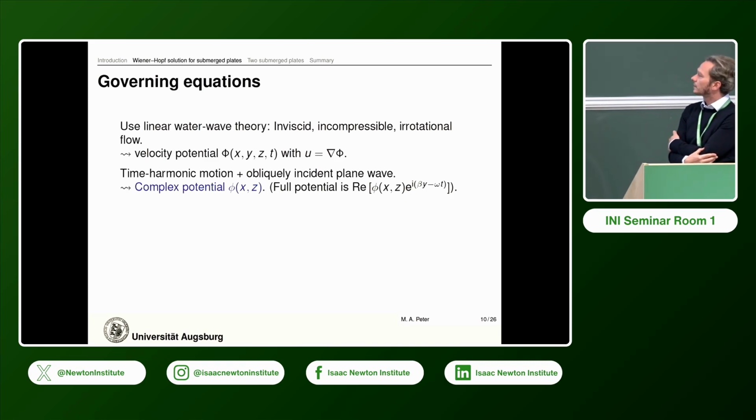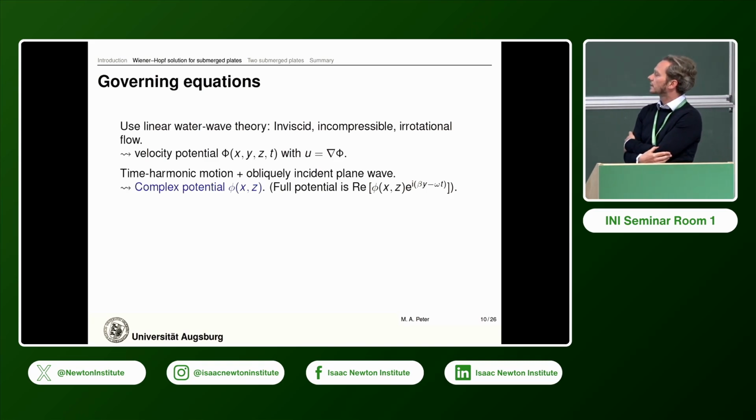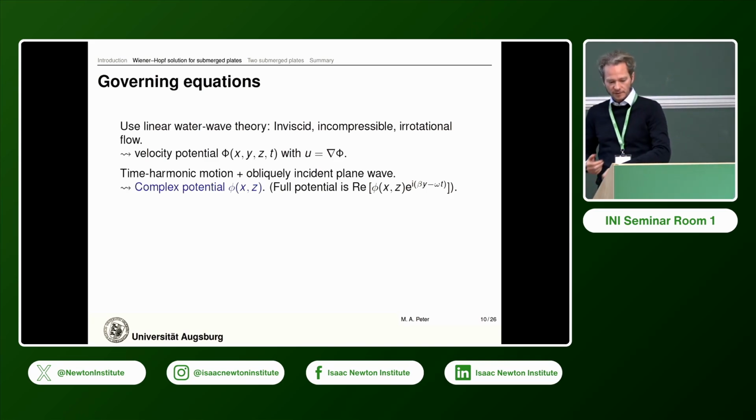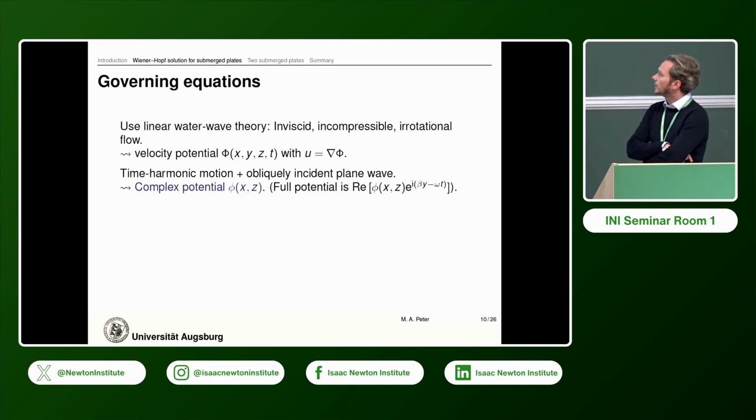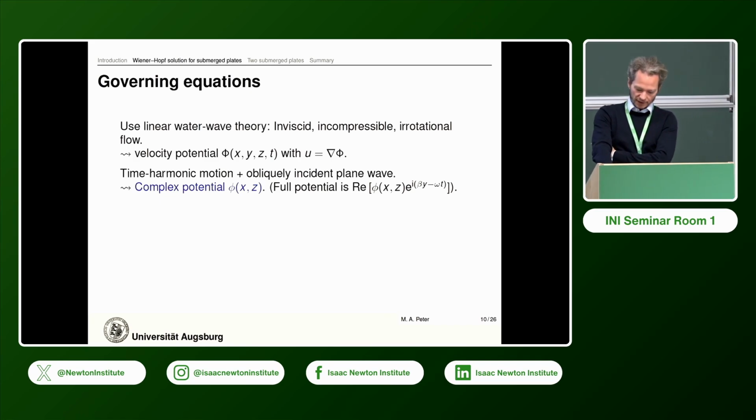So I have the complex potential, and it's basically a 2D problem; the third dimension I take into account by concentrating on obliquely incident plane waves, so I can also factor out the other horizontal coordinate, the y coordinate. So in the end, I just have an unknown depending on the horizontal coordinate x and the water depth coordinate z.